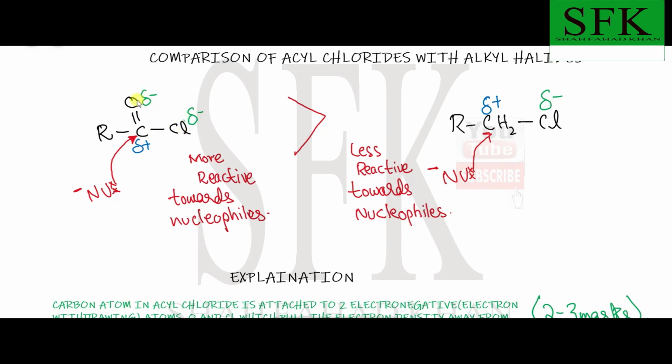So these two electronegative atoms pull the electron density away from this carbon atom. As a result, the magnitude of this partial positive charge increases.